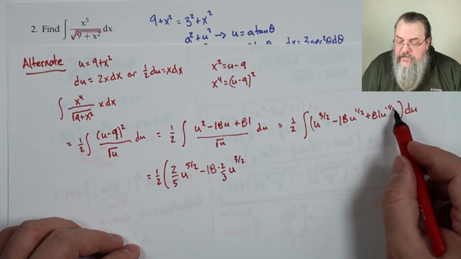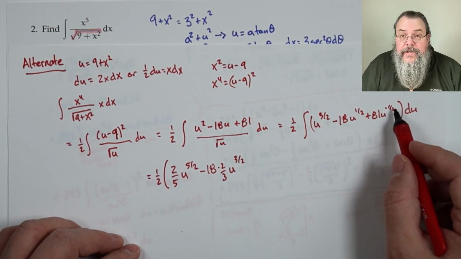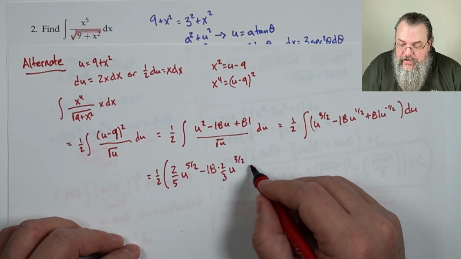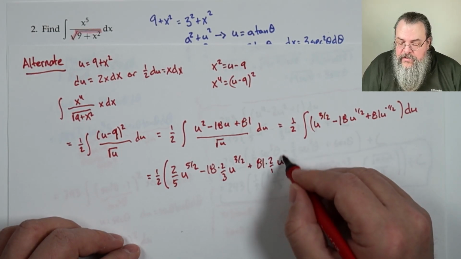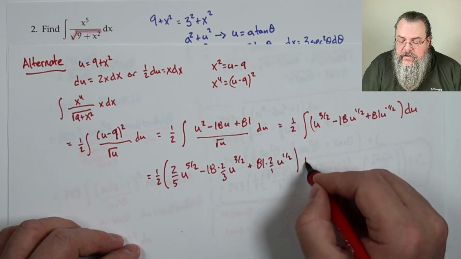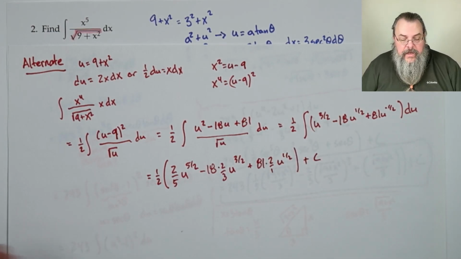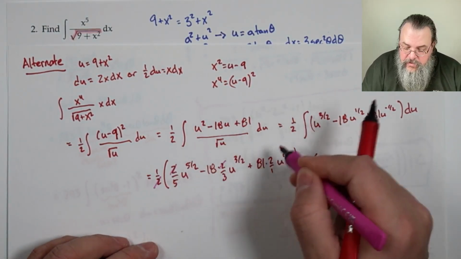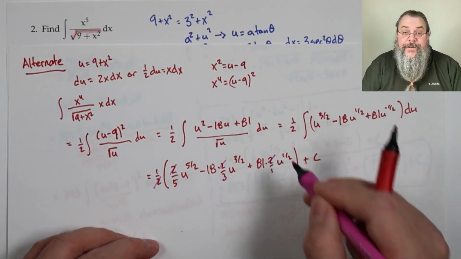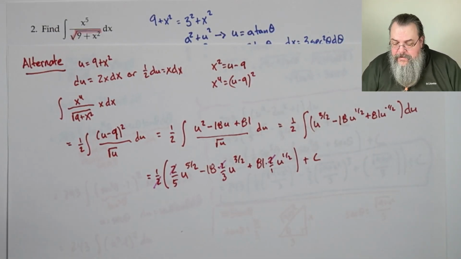And here, if you add 1, you get 1/2, multiply by the reciprocal, you get 2 over 1, u to the 1/2. And then toss on a plus c. And you'll notice that the 1/2 in front cancels with all those 2's. Okay, so they're all gone. And what do we have?